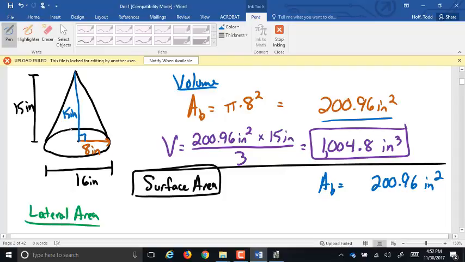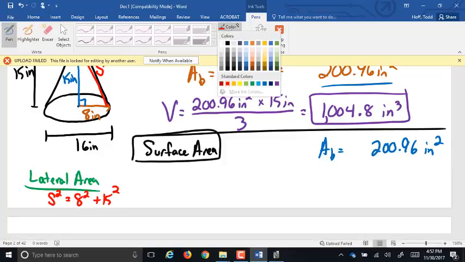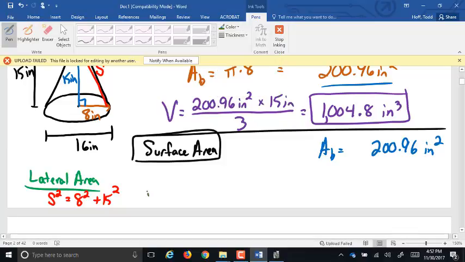This is 15 here, that's still the height. The radius of 8 works. The slant is right here. So that slant squared is going to equal 8 squared plus 15 squared. Once again, I'm going to use a calculator shortcut. Get that slant is 17 inches.